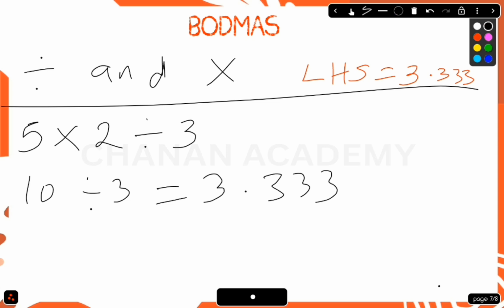All right, so let's solve from the right hand side. From the right hand side, 2 divided by 3.